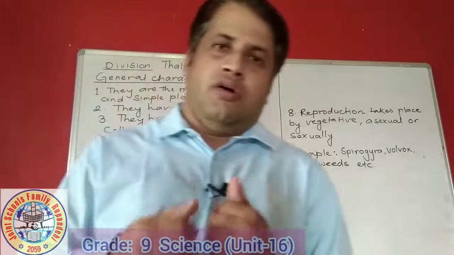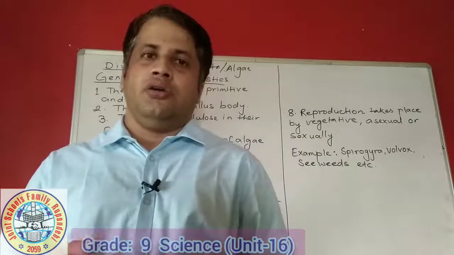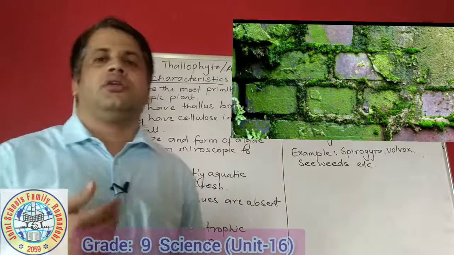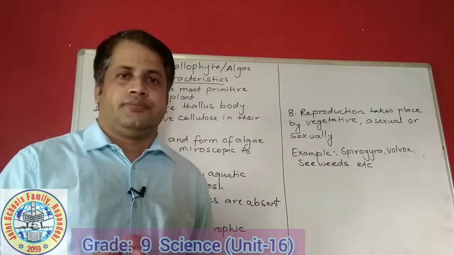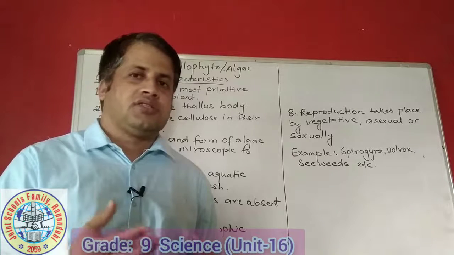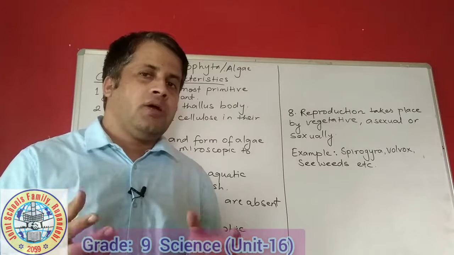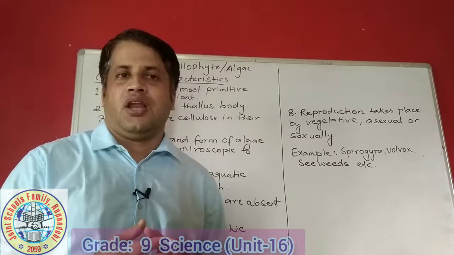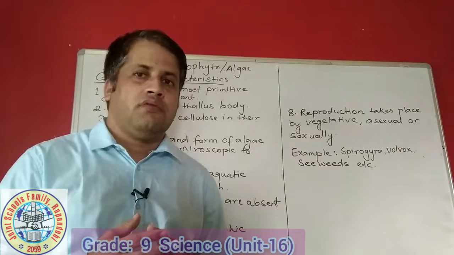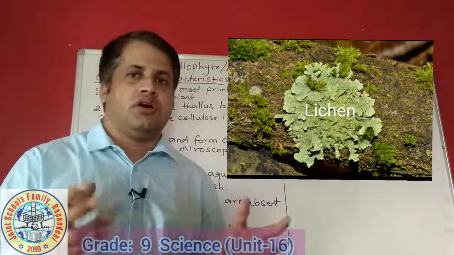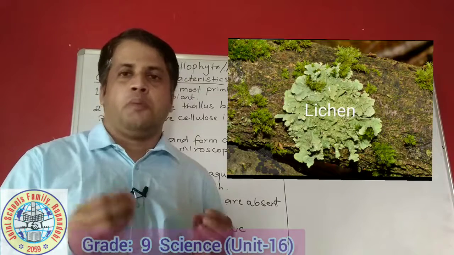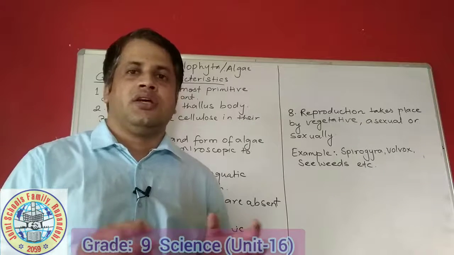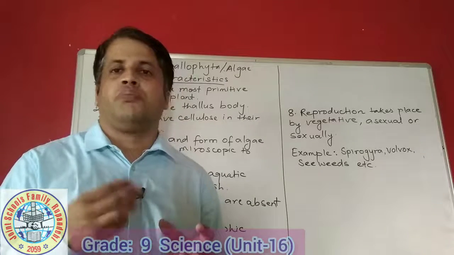They can be found in soil and wood, and sometimes they occur in symbiotic association, where both organisms benefit from each other, like in lichen, which is a symbiotic relationship between algae and fungi, and also with animals like the sloth bear.